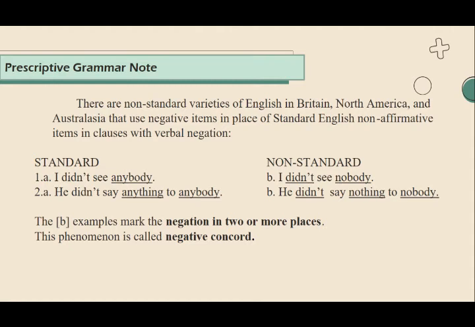In the first sentence, I didn't see nobody, the negation is in two places, didn't and nobody. In the sentence, he didn't say nothing to nobody, the negation is in three places: didn't, nothing, and nobody. This phenomenon is called negative concord or negative agreement.